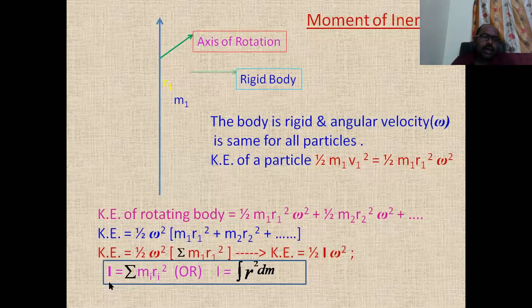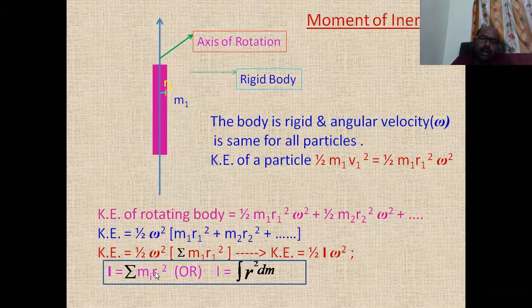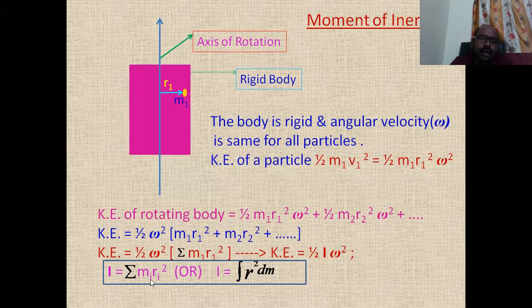So I is equal to summation mi ri square. It is for a discrete body system. When there are n number of particles, a discrete mass system, it is the equation for moment of inertia.